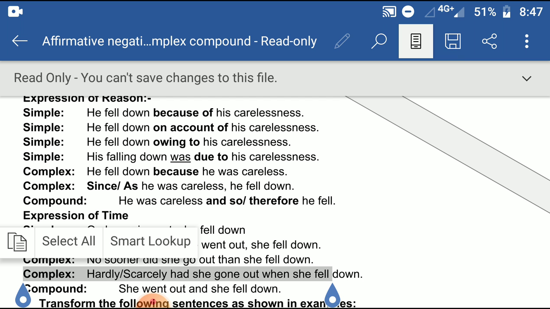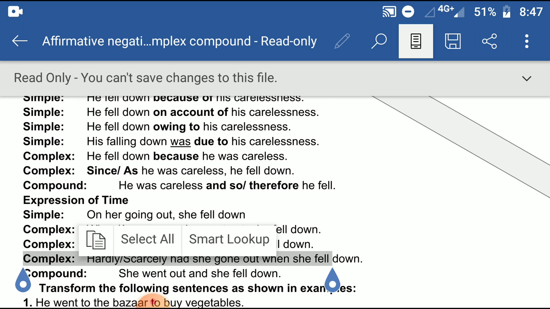Being is not a verb. So these are non-verbs. We have to change the given verb into any of these non-verbs to make it a simple sentence. So fell will become falling, that is present participle. His falling down. Generally, to make it a non-verb, we change it into a present participle. So his falling down, then we write the to be verb was, due to, and the remaining part remains as it is.